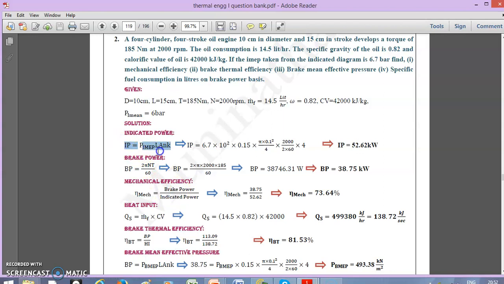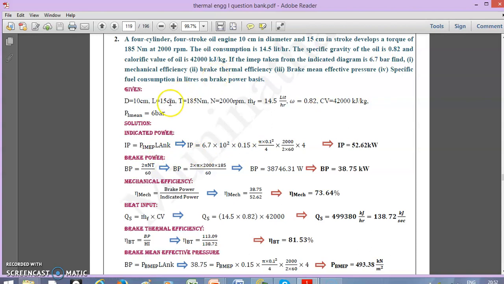First one is indicated power, as we discussed, it is PLAN K. The mean effective pressure is given as 6.7 bar. We have to convert that into kilonewton per meter square, and 1 bar is equal to 100 kilonewton per meter square. So it is 6.7 into 10 power 2, written in order to convert bar into kilonewton per meter square, multiplied by stroke length.